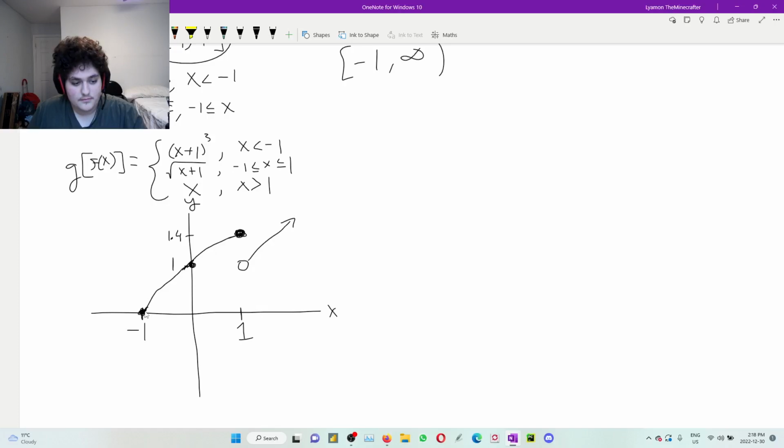So if we were to sketch x plus 1 cubed without any conditions, it would have a root at -1. That would be its only root. And we know it's going to go from quadrant 3 to quadrant 1, because it has a positive leading coefficient of 1, and its power is 3.